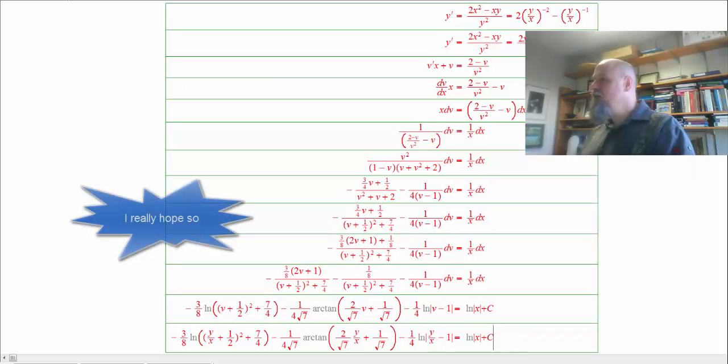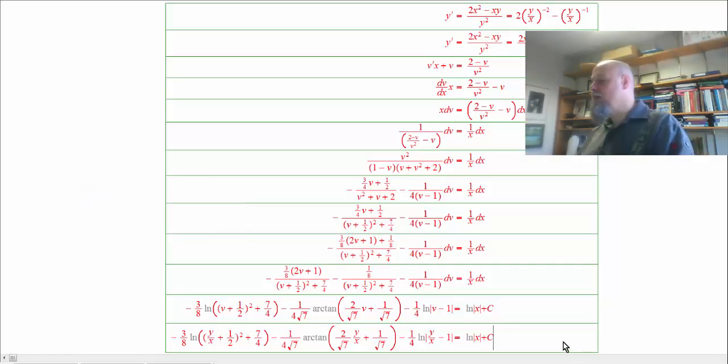Okay, now am I done? Yes, now I'm done. Hopefully the asker of the question doesn't want me to solve this for an explicit solution. I'm just going to leave it as the implicit solution.